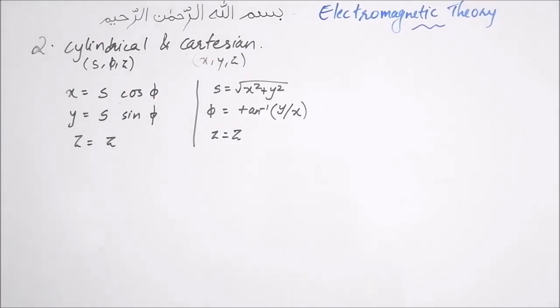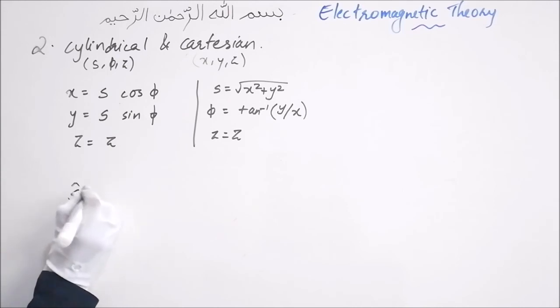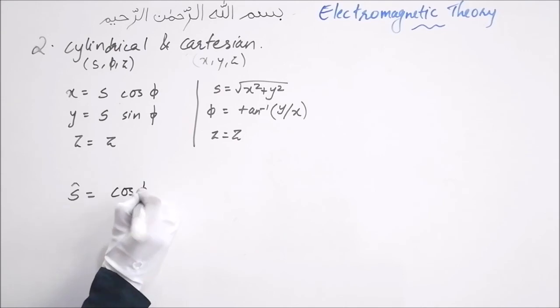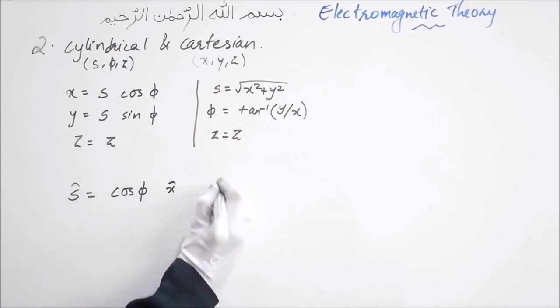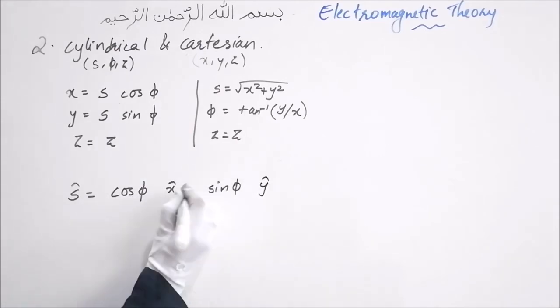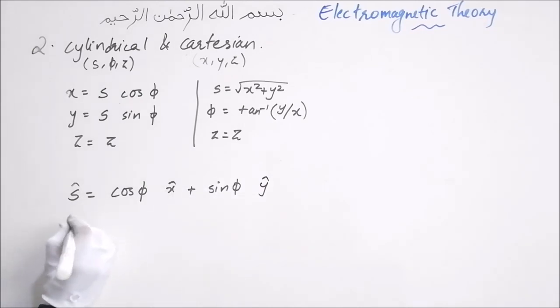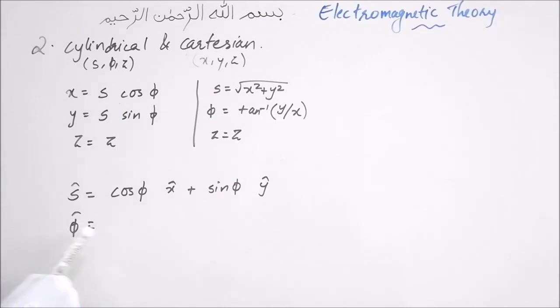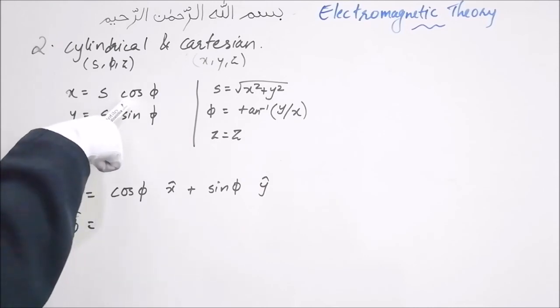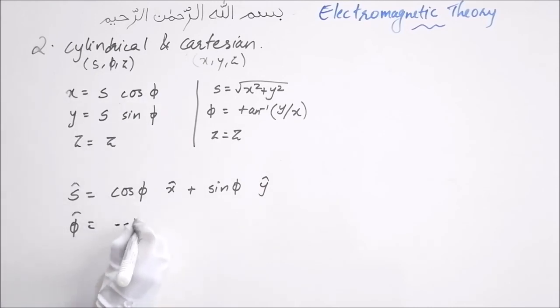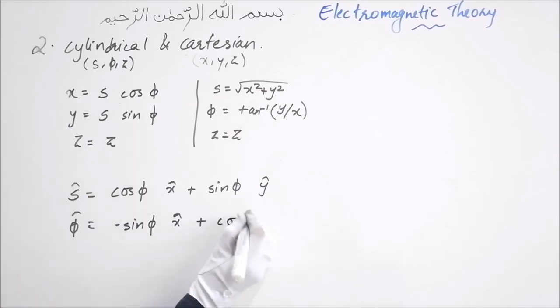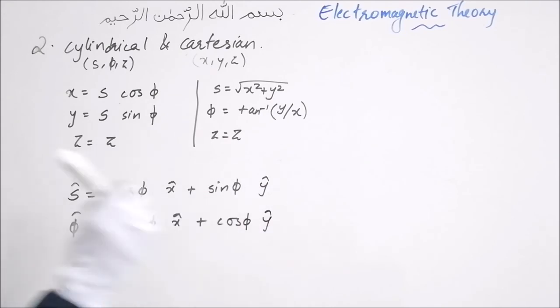Now in terms of Cartesian unit vectors, s hat will be obtained by removing the s terms, so we'll have cos phi x hat plus sin phi y hat. Here we do not have any z hat term. Phi hat will be the differentiation of this with respect to phi. Cos phi will become minus sin phi x hat, sin phi will become plus cos phi y hat, and again no z term.